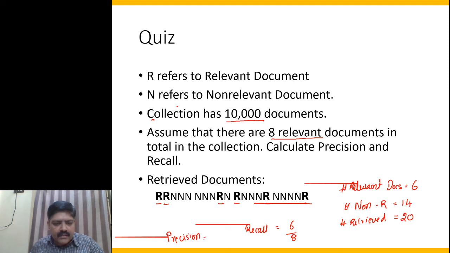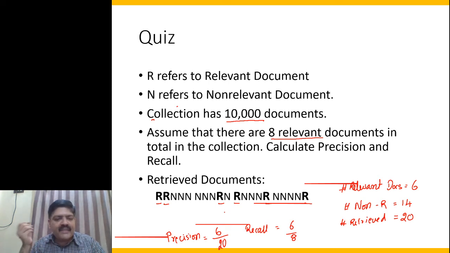Okay, so what would be the precision? The precision is the fraction of the retrieved documents that are relevant, right? I retrieved 20, so that's in the denominator, and out of the 20, only 6 were relevant. So I'm precise to the extent of 6 over 20, and I have a recall of 6 over 8 because there are only 8 relevant documents.